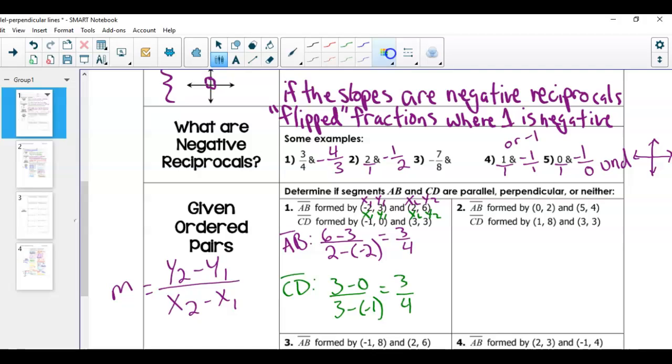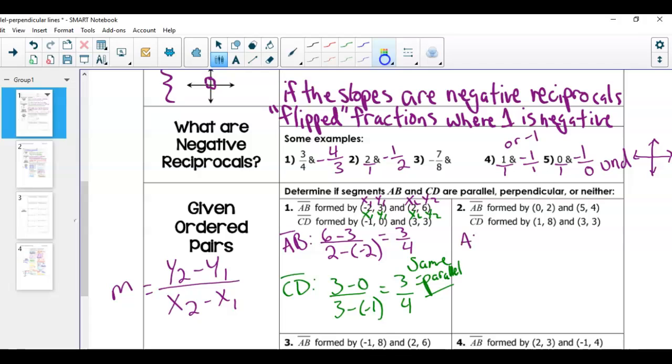Once you find the slope of both, you're looking for, are these slopes the same? Are these slopes negative reciprocals? Or are they neither of those two things? In this case, these are the same. So these are parallel. Okay, let's do another one.